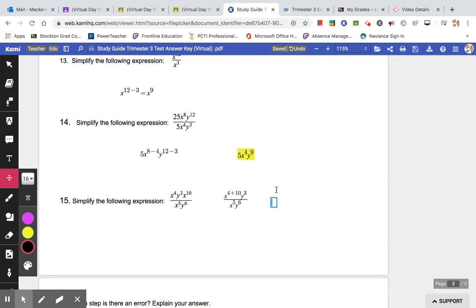So that would become x to the 14th, y to the 3rd, divided by x to the 5th, y to the 6th. And then this just becomes a classic example of the quotient rule because we have x's on top and bottom and y's on the top and the bottom. So what we would do is do x to the 14 minus 5.